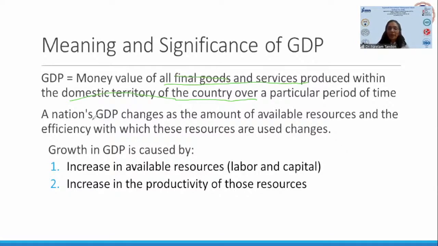Yes, definitely it will be counted in GDP of the country. Why? Because Samsung is having its unit in Indian domestic territory. That is why it is a part of GDP. So gross domestic product means value of all final goods and services produced within the domestic territory of the country. Okay, so this is clear.